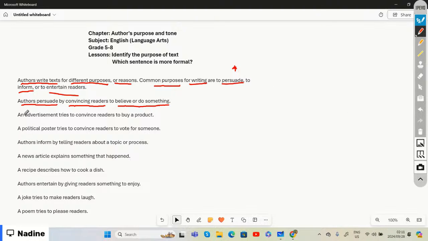And then we have an advertisement. Then we also have advertisements, or like some people would say adverts. And an advertisement tries to convince readers to buy a product. This is still part of persuading, trying to persuade the readers to do something or to believe something. In this case, an advertisement tries to convince readers to buy a specific product.